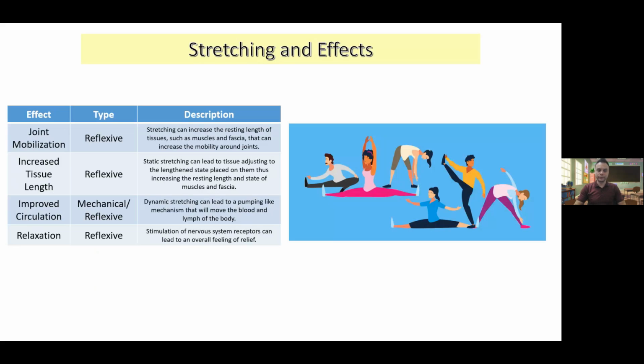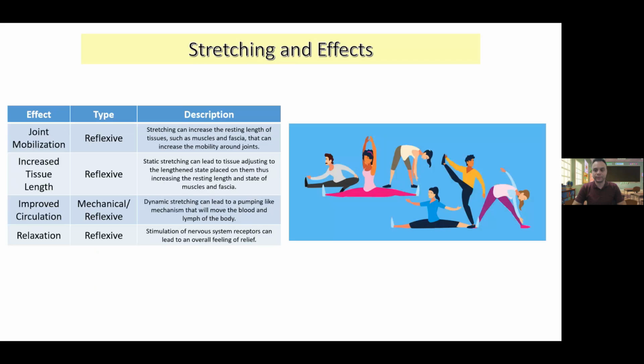Of course, we can improve the circulation in the body with this, especially the dynamic stretching, which is when you come into a stretch, hold for a moment and then back out, in and out, which eventually causes that pumping mechanism of the body, especially the musculoskeletal pump, which is where the muscles contract and cause the blood to flow. And then, of course, stimulation of the various receptors in our body, such as the Pacini and Ruffini corpuscles, which detect stretch and deep pressure, and then have a very unique and intimate link to the parasympathetic response.